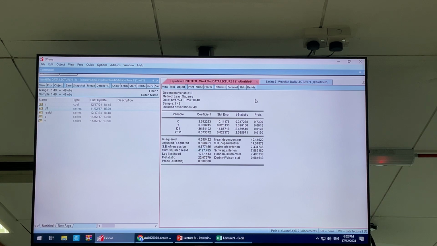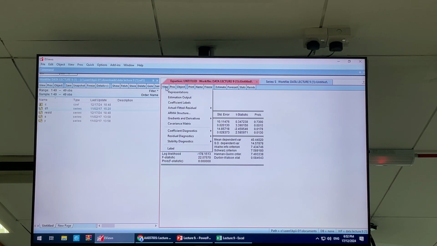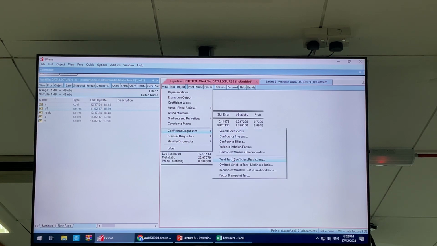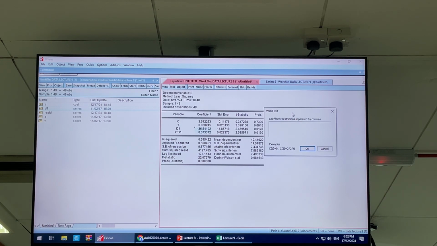Now you can perform the test easily using the Wald test. You need to test whether the coefficients beta 2 and beta 3 are jointly equal to 0 or not. You just go to View, Coefficient Diagnostics, Wald Test, just like the question last week. The first part is a very easy question, the second part is a bit difficult, but the first part I think is simple like this equation.